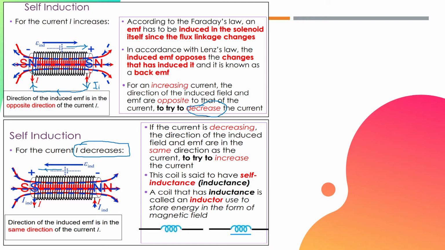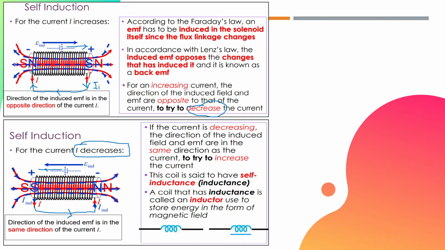So you can see here, the red color is the direction of the original current, and the blue one here is the direction of the induced current, I. Therefore, the direction of the induced EMF here is in the same direction as the current I. So if the current is decreasing, the direction of the induced field and EMF are in the same direction as the current, to try to increase the current.